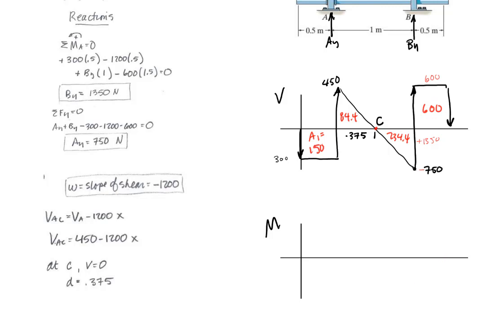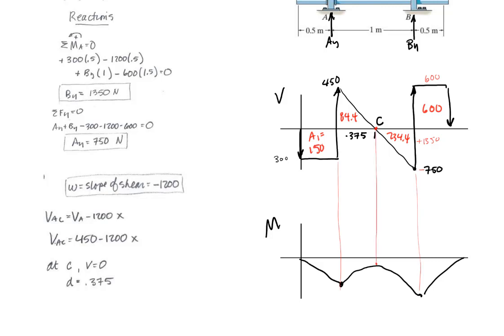So I can just tell by looking at it what the shape is going to be. So let's just draw it. I know it's going to go down this way. I know it's going to have a quadratic shape like this. Then I know it's going to go down this way because this has to be going up like that. These are the positions that are going to be lined up, and where this goes right there, that will get our maximum spot.